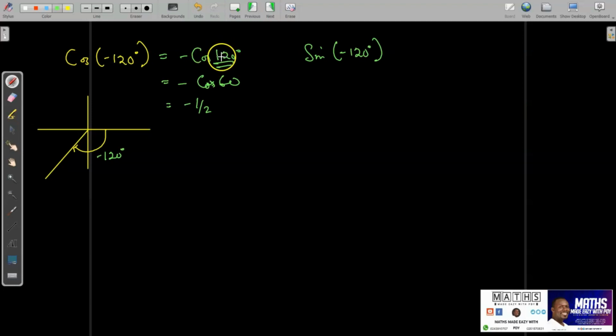So we are taking it out from the graphical perspective, and then we introduce our 60 degrees and get the final answer. I don't know if I'm making it clearer for you. The question wasn't, get me right, find cos of 120 degrees.